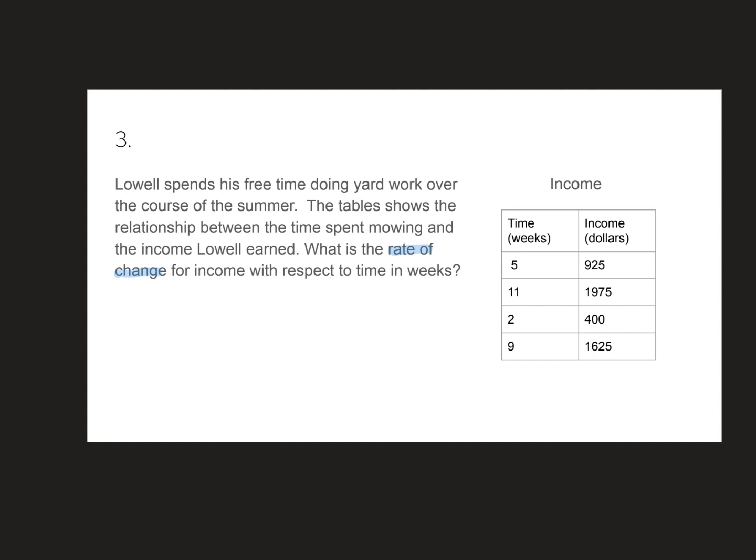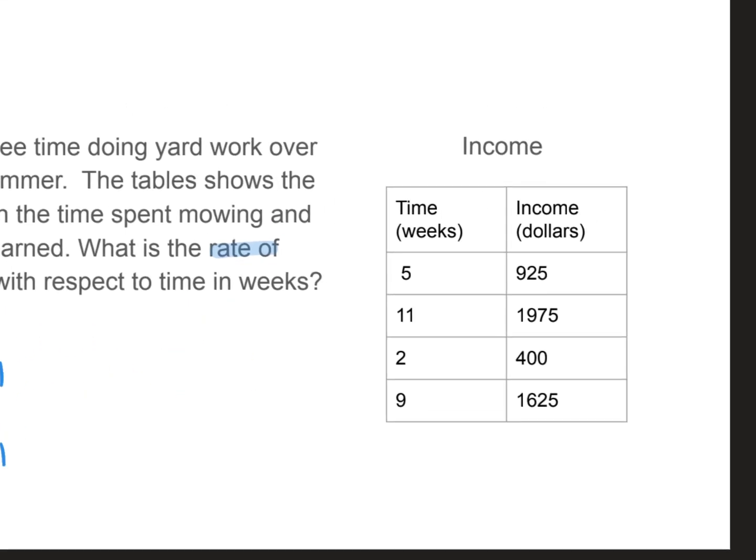Okay, so I'm going to look again on my reference chart. My equation for slope of a line, y2 minus y1 over x2 minus x1. So I'm going to use the first 2 points. These vertical tables, this is my x, this is my y value.